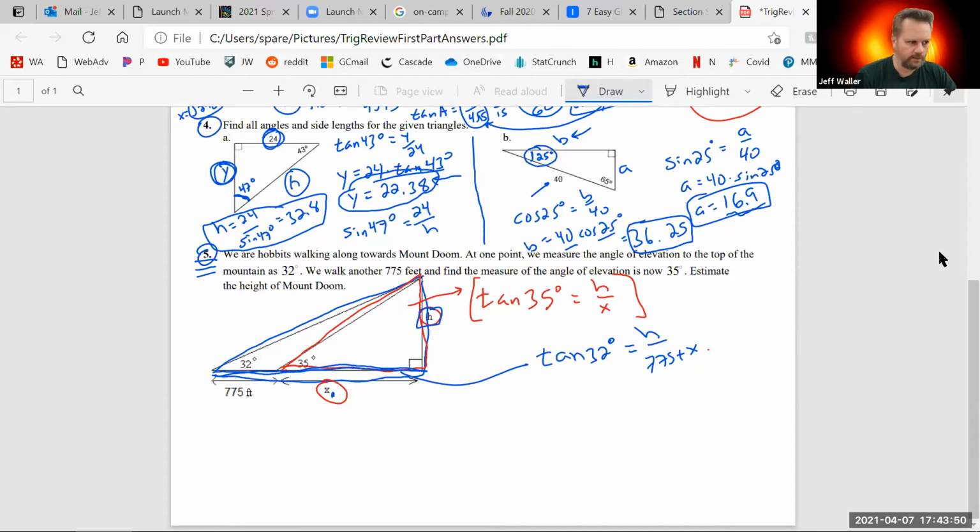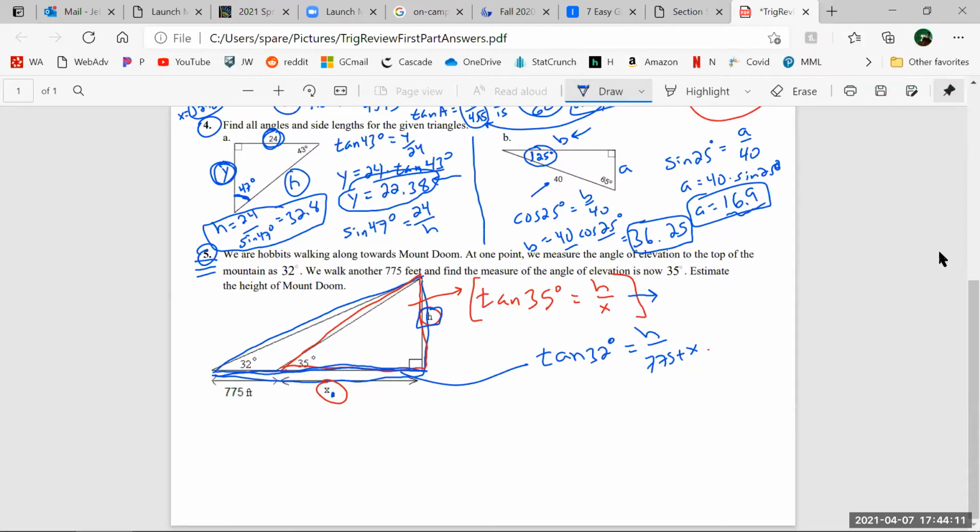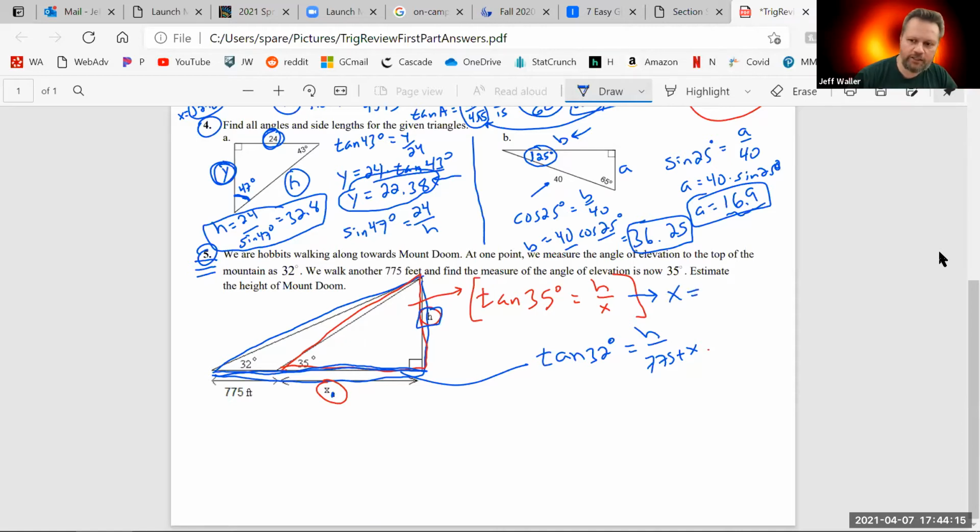X. I do not care about X. I don't need it. The question is about the height. So if I took this equation, which letter would I solve for so I could then substitute in the other equation? X. If I solve for X, I can get rid of the thing.